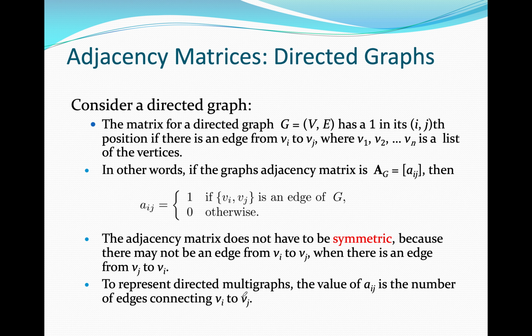The adjacency matrix does not have to be symmetric because there may not be an edge from Vi to Vj when there is an edge from Vj to Vi. To represent a directed multigraph, the value of Aij is the number of edges connecting Vi to Vj.